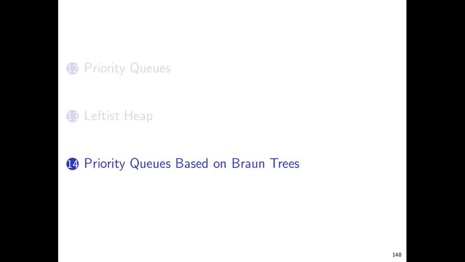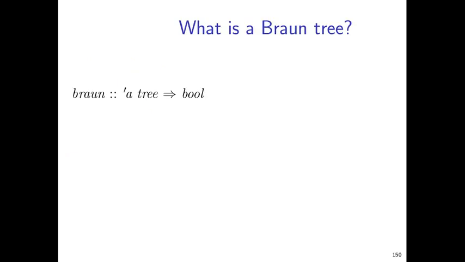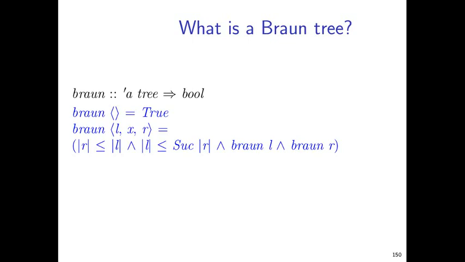If we have the left and the right tree, then the number here and here must differ by at most one. And we also say which one is the smaller, so as not to write it in the wrong direction. So this is a braun tree.